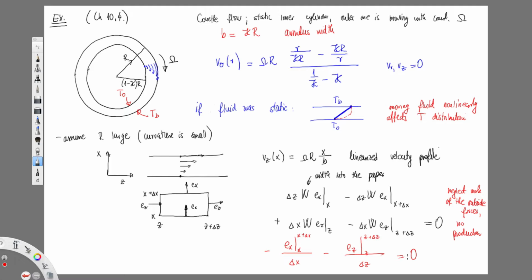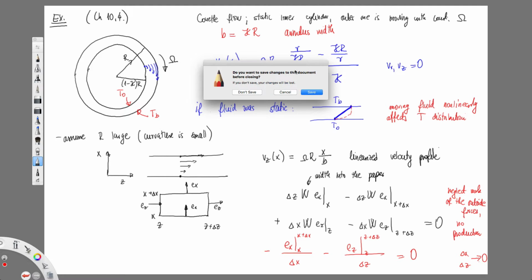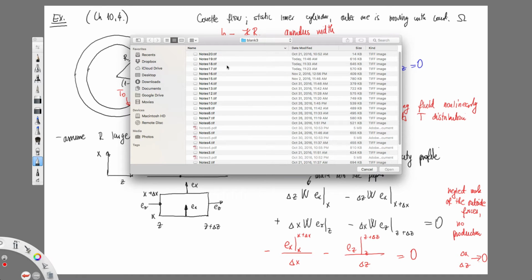So the way PDEs come, this is a very simple one. I'm going to send delta X, delta Z to 0, and when I do, I'm going to have a very simple PDE: partial EX, partial X plus partial EZ, partial Z is equal to 0.